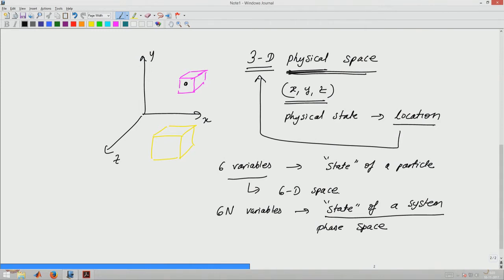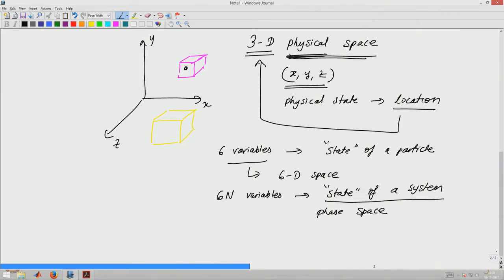Now, we could ask a similar question that for example, if this particle disappears from this position and appears in another position, then what we say is the particle has changed the physical state or it has changed its location. Similarly, in the phase space a system can be depicted as a point and then it can move from one point to another point in the phase space.